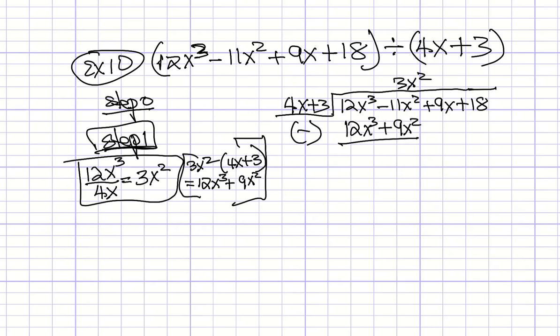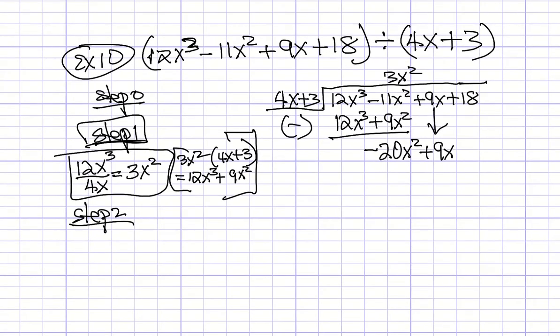So you got negative, let me see, that's 20, right? 20x squared. Okay, and then you bring this down, plus 9x. Okay, so then you go to step 2.